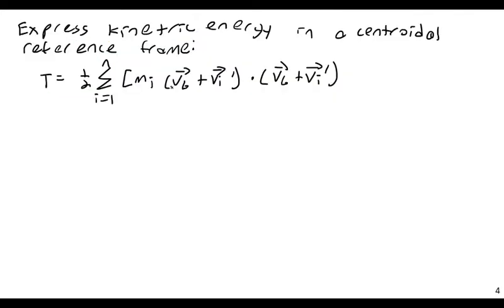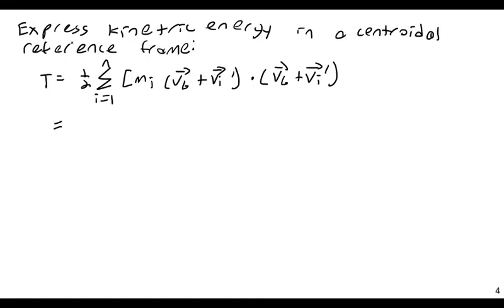So all I did was replace the global Vi with the sum of the velocity of the centroid itself plus the velocity of the particle relative to the centroid. Why I'm doing this, we'll get there. You'll see. We'll eventually reach something at least partially useful.